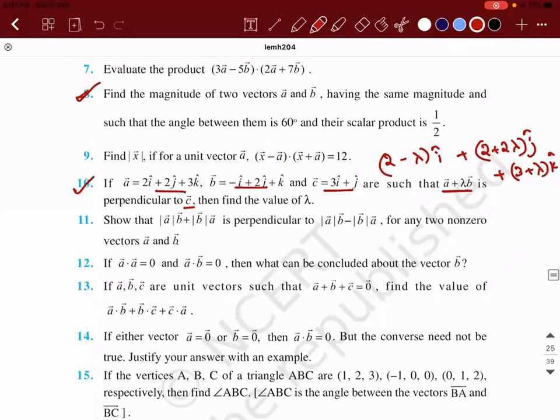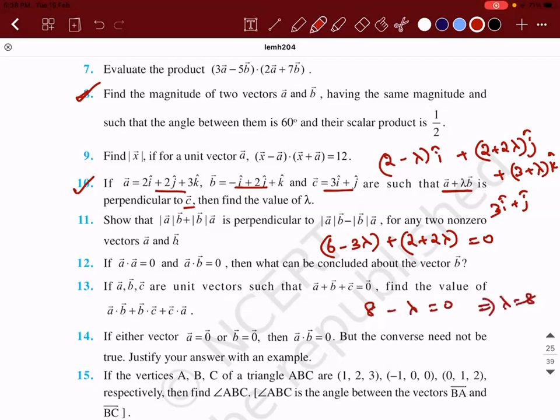This is perpendicular to c vector. So c vector is 3 i cap plus j cap. It is perpendicular, so what are we supposed to do? 6 minus 3 lambda plus 2 plus 2 lambda should be equal to 0. Correct? So 6 plus 2 is 8. 8 minus lambda is 0, which implies lambda is equal to 8.